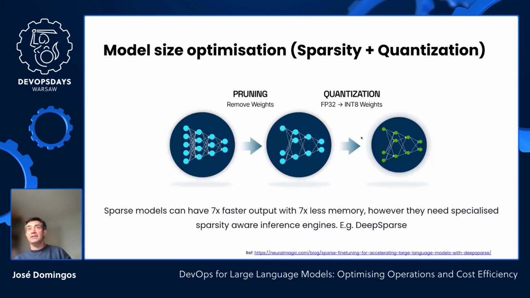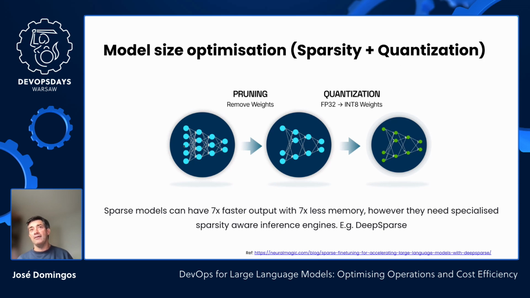Model size optimization, i.e., this is where you look to reduce the size of your model. The two techniques typically are pruning and quantization. So what's pruning? You can look at a neural network as effectively a computational tree, so the data goes from left to right, from input to output.